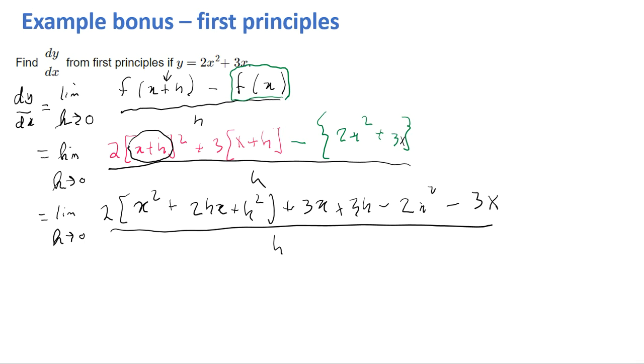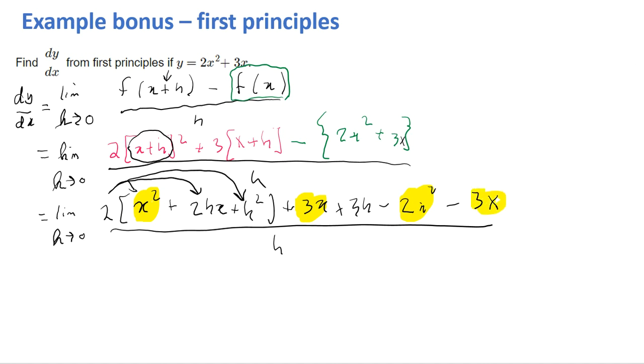Cool. What gets cancelled out? We've got a 2x squared here, if I multiply this 2 into each of these terms, which is what I have to do, that cancels out this 2x squared, and there's a minus 2x squared. There's a 3x here and a minus 3x there.